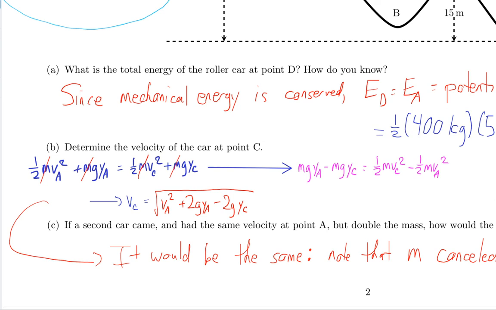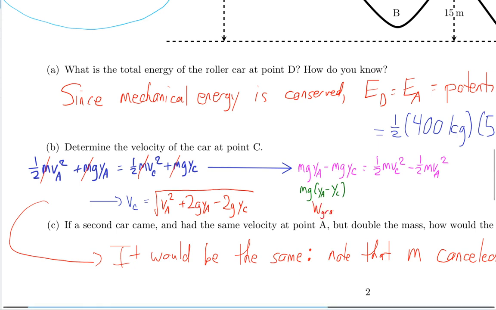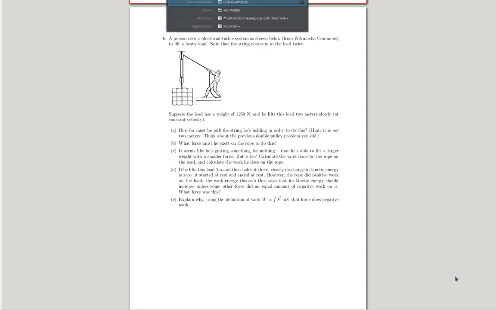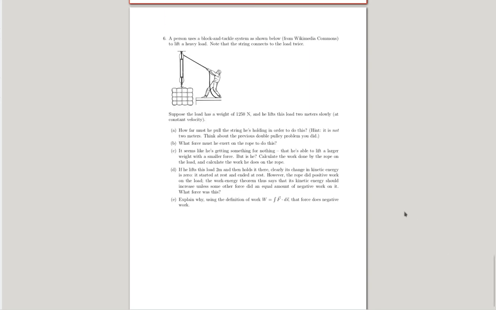Now, notice that this thing on the left, if I distribute the mg or undistribute the mg, as you may prefer, this is mg times y_A minus y_C, which is really just the work done by gravity, force times distance. And this over on the right, I am sorry, my writing program crashed.